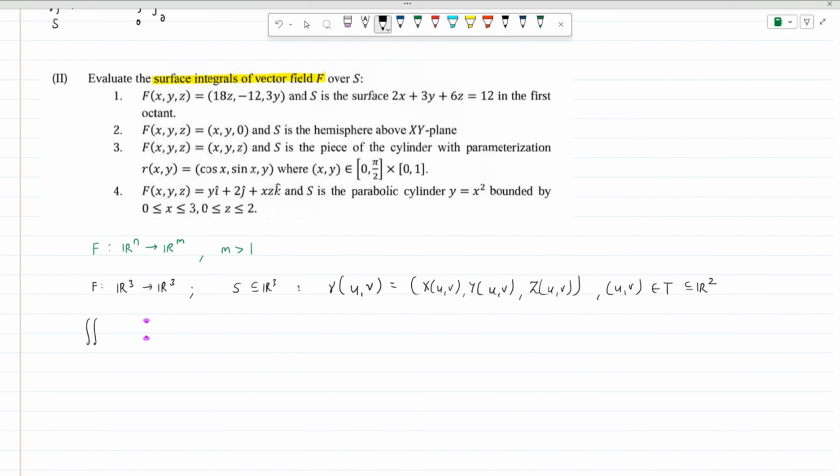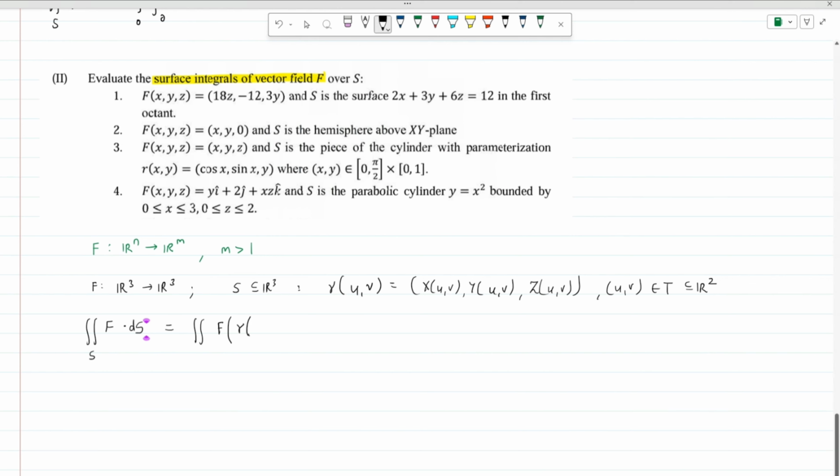So we will be dealing with surface integrals of the vector field F over S, and it is denoted like this. To evaluate this, we need to do a double integral. The integral on the right side is a double integral. So we will be finding out the image of the vector field on the parameterization that is given by gamma of uv.